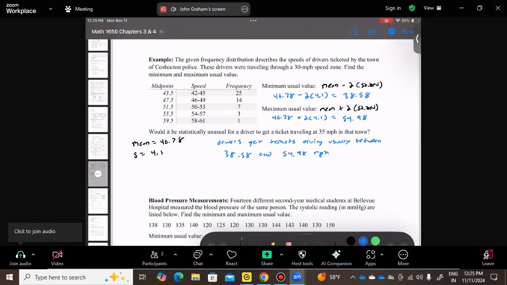Since that's not going to be on the speedometer, we can always say 39 to 54 miles per hour. So a driver getting ticketed at 35 is unusual.